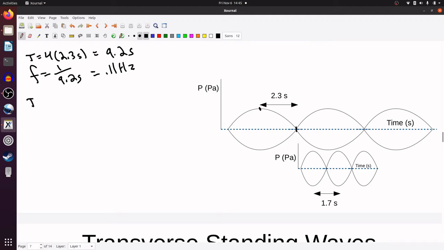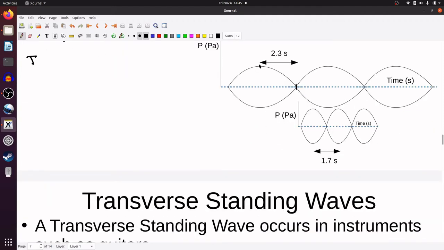Now we're going to do the period of the second one. This one, if you notice, goes trough to trough. I said peak to peak, you get what I'm saying. So it's going to measure from this point all the way to this point. It's really just from peak to trough, because we're only going through half the cycle.